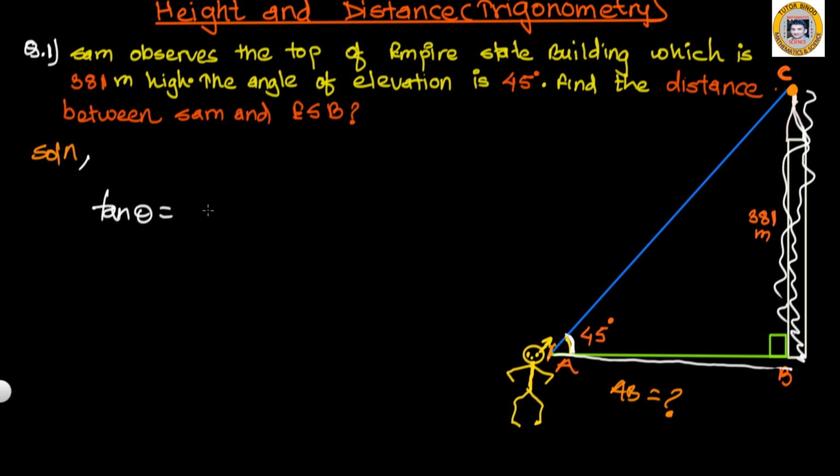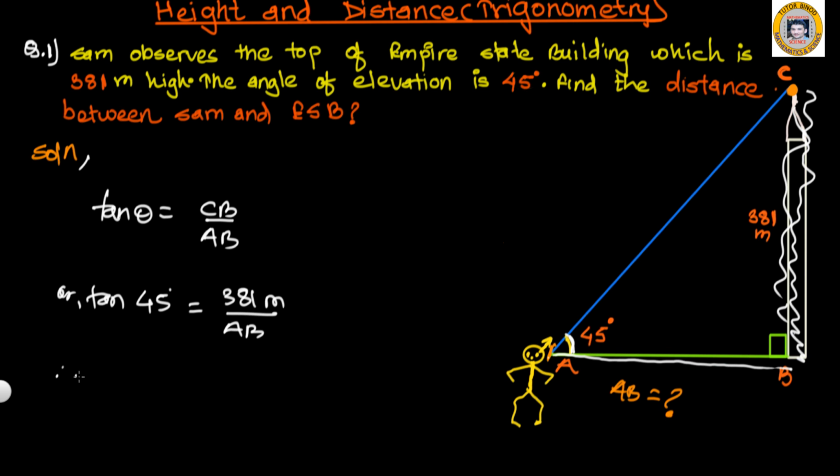So tan theta is CV over AV, or tan 45 degree equals to CV, which is 381 meter, over AV, whereas we are supposed to calculate AV.